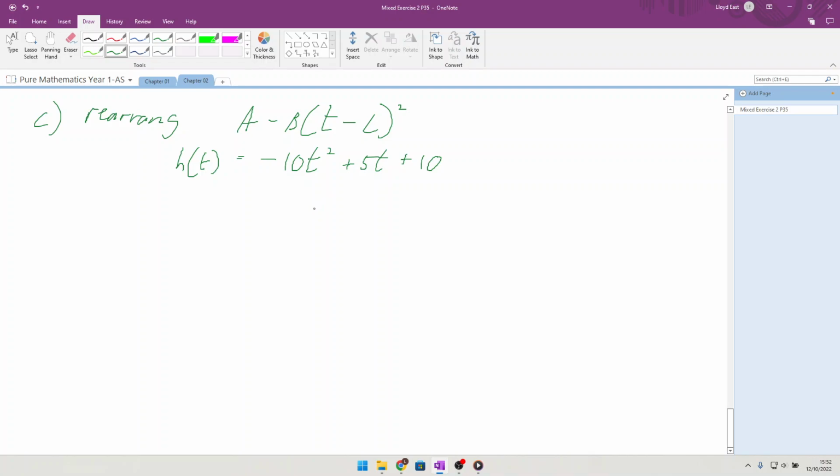So again, I'm going to factorize this, and I'm going to take out a 5, that will leave me a minus 2. No, I'm not going to take out that. I'm going to take out a minus 10 from it, so that I get a t squared. So I can take out a minus 10.